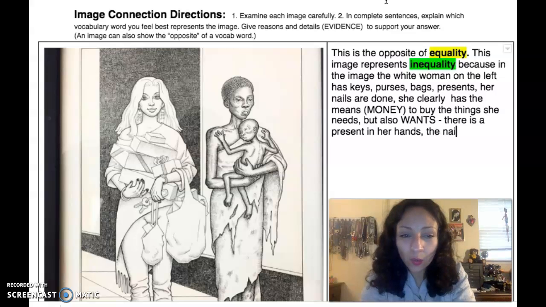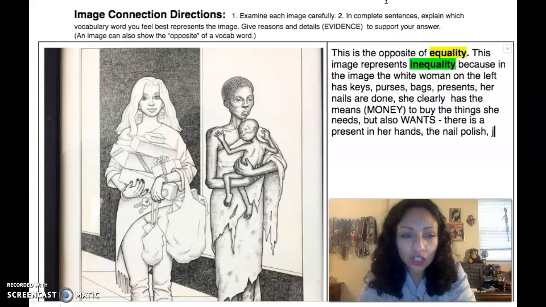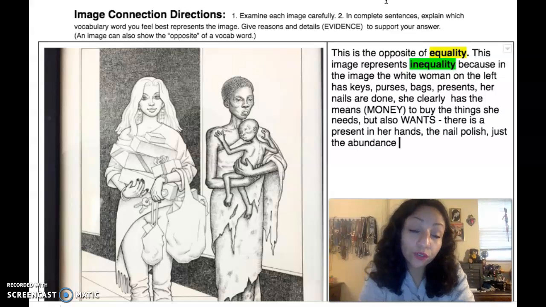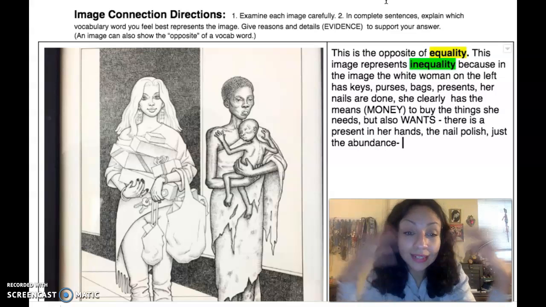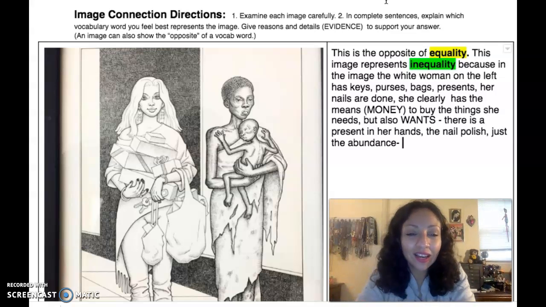The nail polish. Just the abundance here. Great word for Thanksgiving, by the way, right? Abundance, having extra, having more than what you need. Just the abundance of packages clearly shows this.